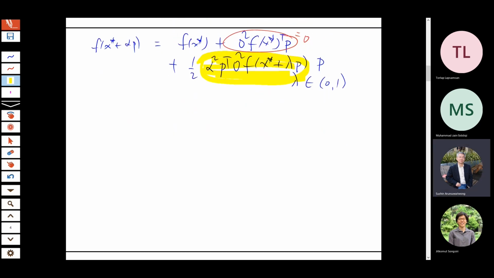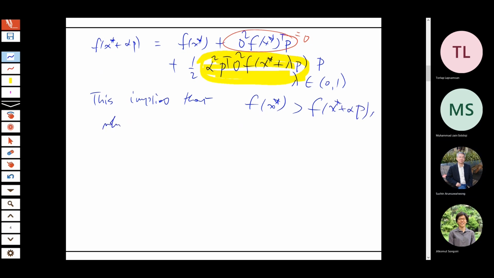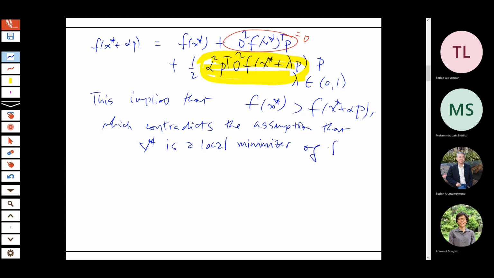So this implies that f(x star) is greater than f(x star plus alpha p), which contradicts the assumption that x star is a local minimizer of the function f. And that's the end of the proof, the QED.